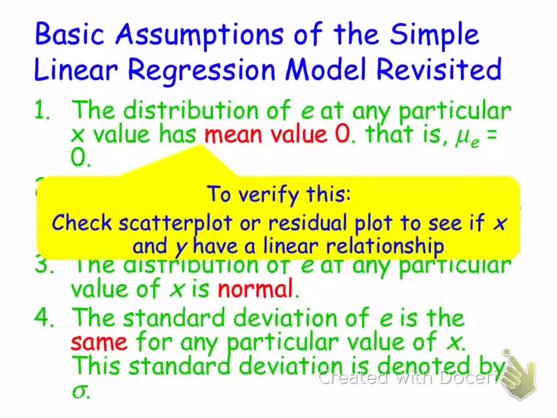To verify this, we'll draw 2 different types of graphs. We already drew a scatter plot. The second one is a residual plot. Let's go over how to do that really quickly. Since I've already calculated my line of best fit, I now have residuals. If I go back to second y equals, plot 1, I change my y list to be resid.